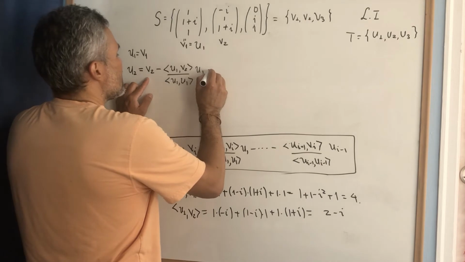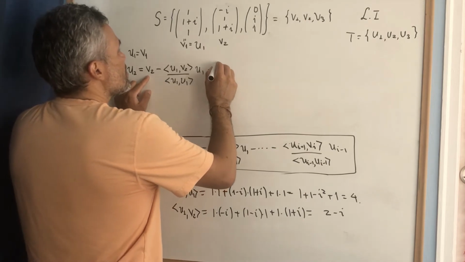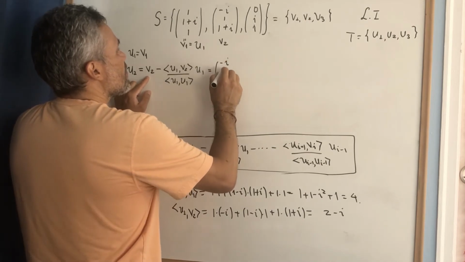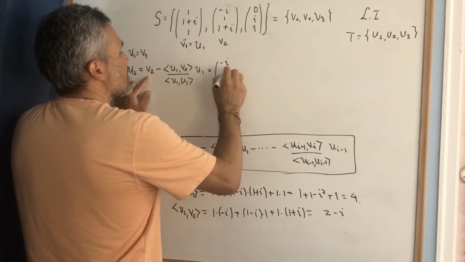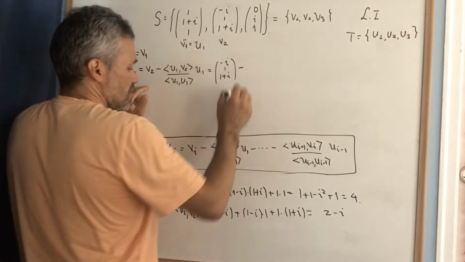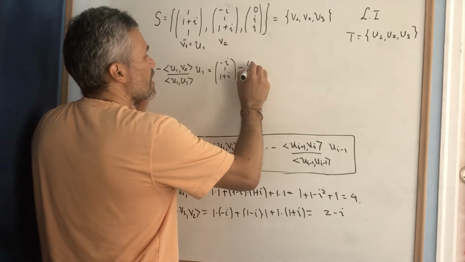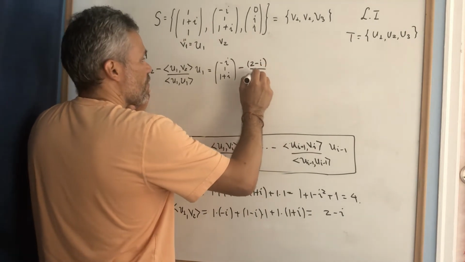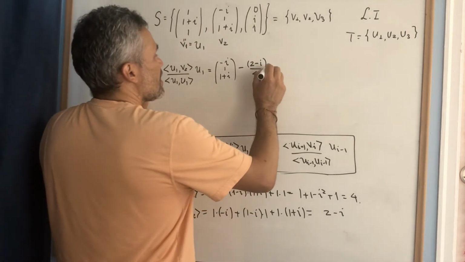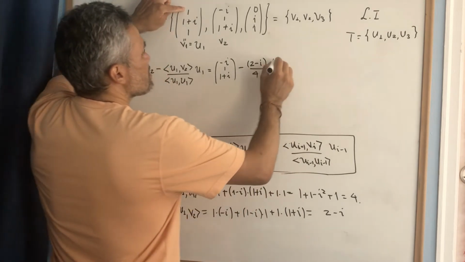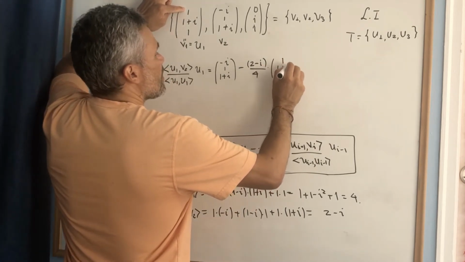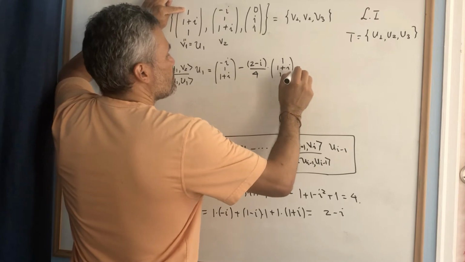Then U2 is B2, which is (-i, 1, 1+i), minus (2 minus i) over 4 times U1, which is (1, 1+i, 1).